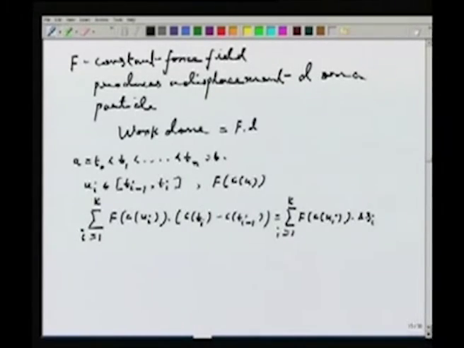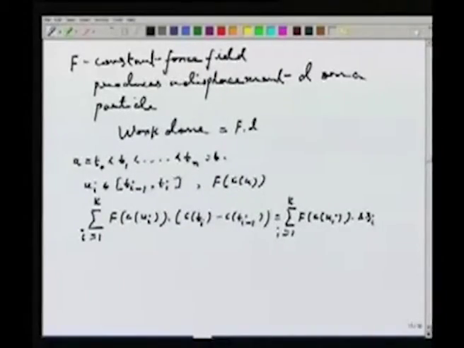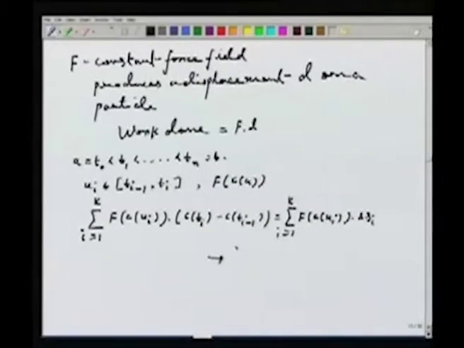Now it can be shown that if I take finer and finer partitions, that is, the norm of the partition, the maximum length of the partition, goes to 0, then this delta si is better and better approximated by C prime t dt, and this sum converges to the line integral, that is, a to b of f of C(t) dot C prime t dt.